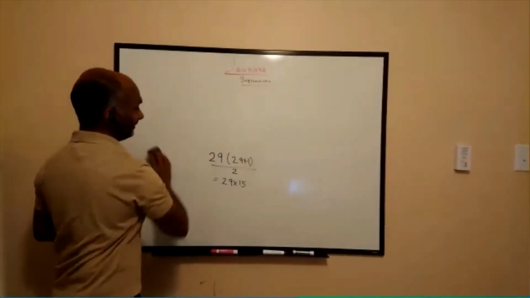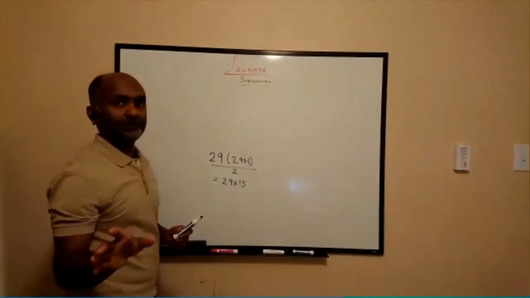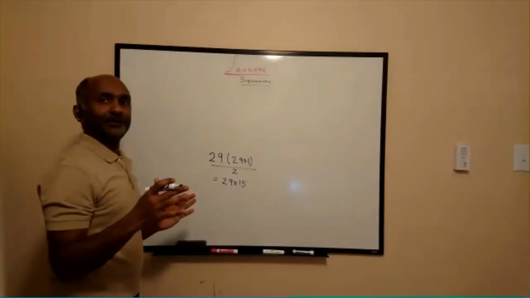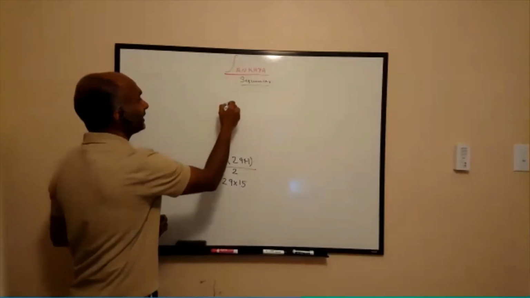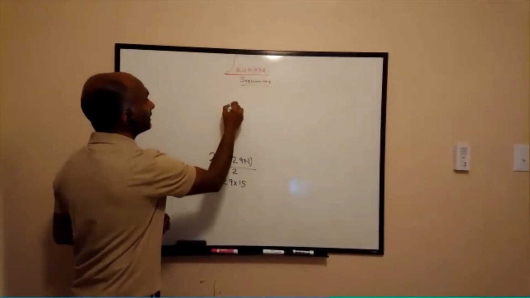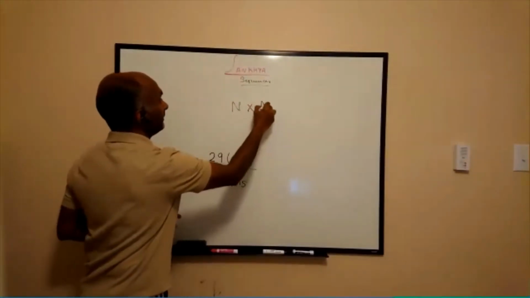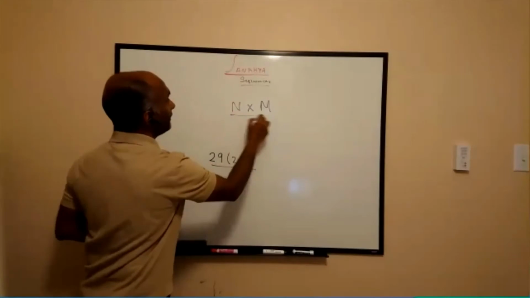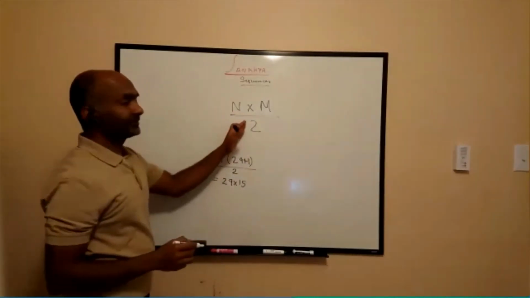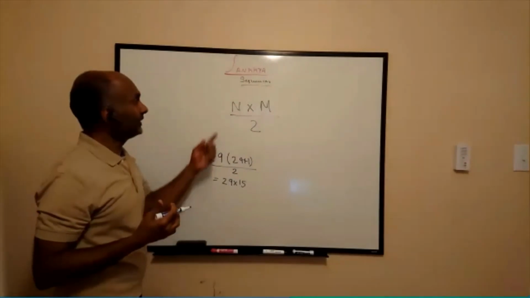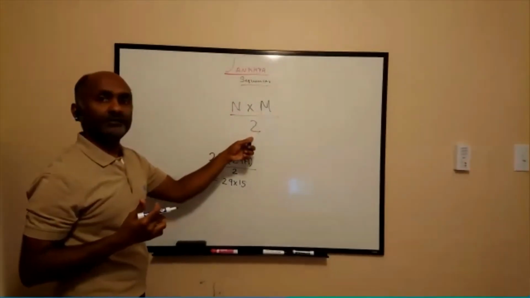In your school life and even after that, you will come across many occasions where you have something like this. You have a number, say n, and then another number m, and then you have it divided by 2 or something else. The instinct would be to do n times m and then divide by 2.